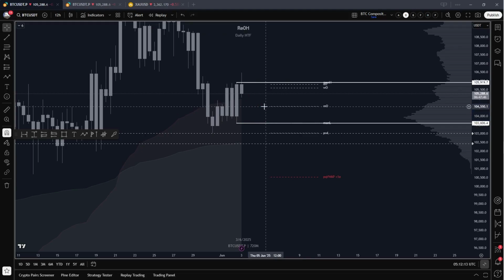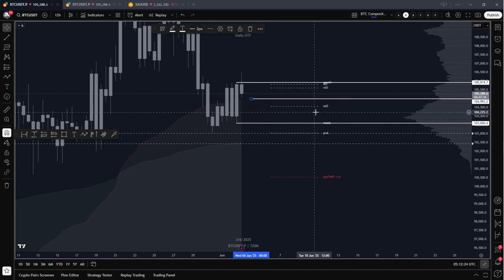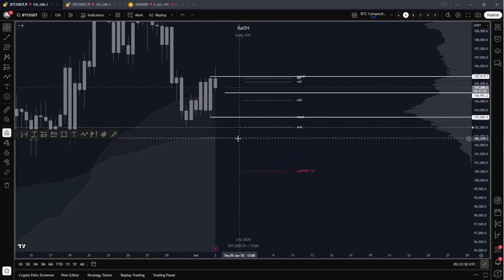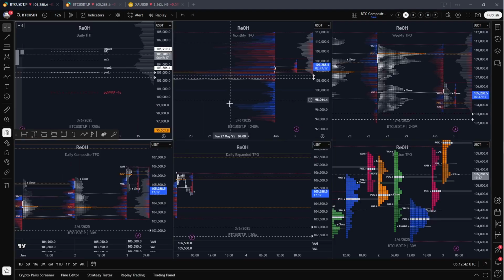So between the quarterly VWAP band, which is at 105, close enough, 104,993, let's just round it up to 105, and 102,500. That's actually my go-to for range in the VWAP section.